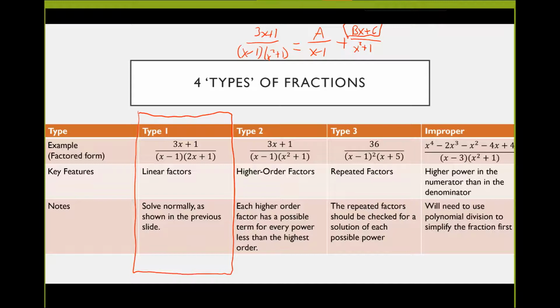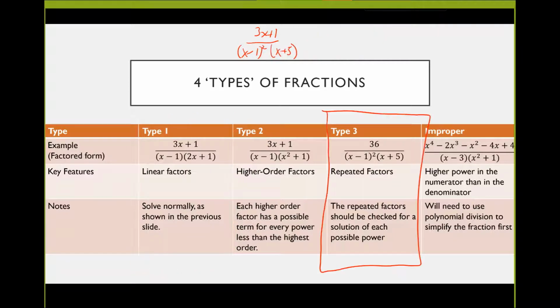Okay, for type 3, we have a linear repeated factor. So in this case, x minus 1 is squared. We repeated that once. Times x plus 5. Well, if I expanded this, x minus 1 squared, I would get an x squared power. So it is possible for x minus 1 squared that I would have an x to the first power term in the numerator.